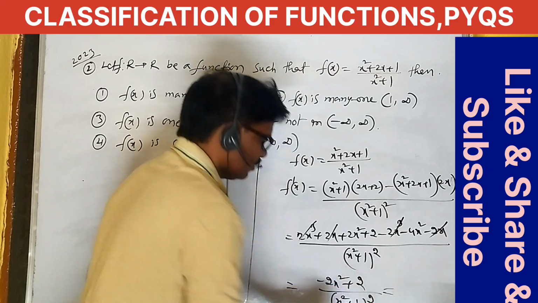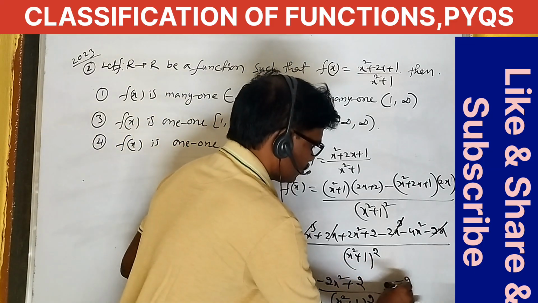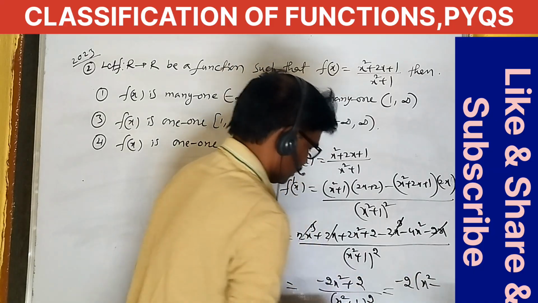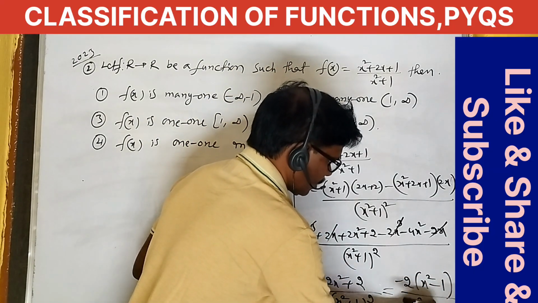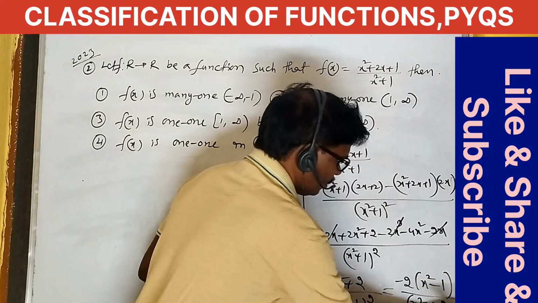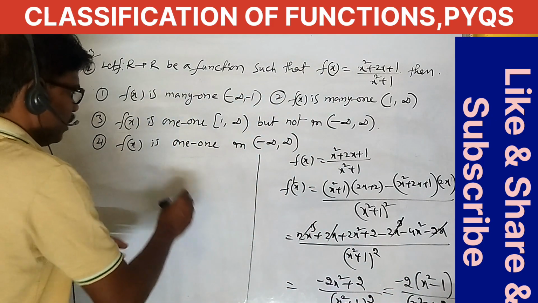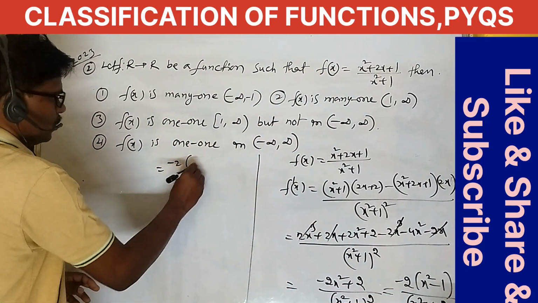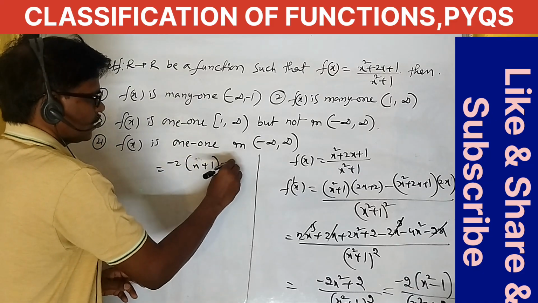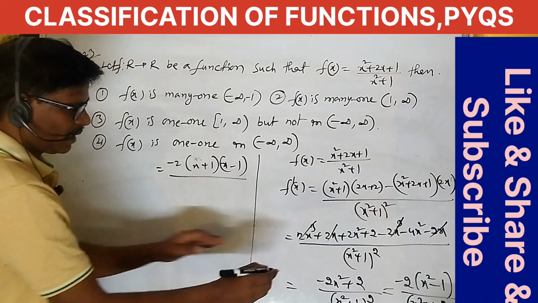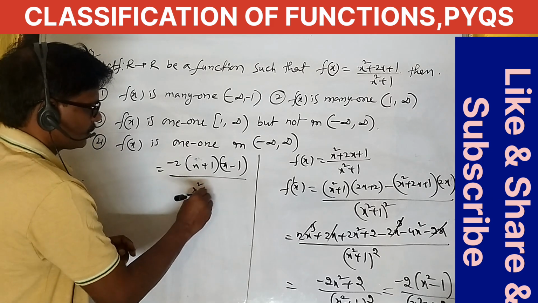What is common here? Minus 2 is common, so x square minus 1 by x square plus 1 whole square. That is minus 2 into x square minus 1, which means x plus 1 into x minus 1, by x square plus 1 whole square.